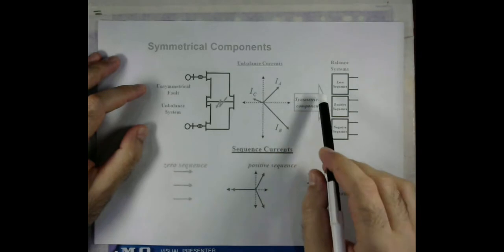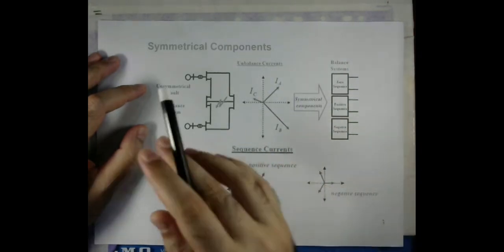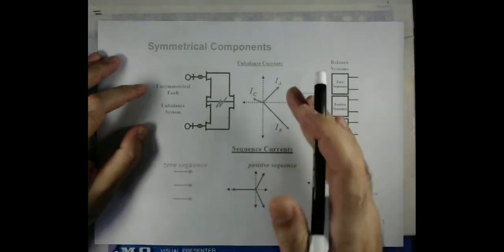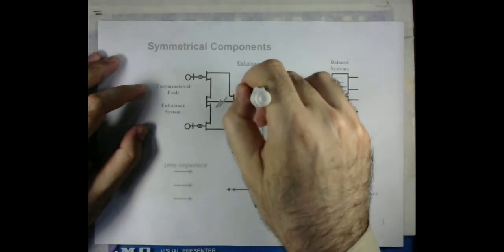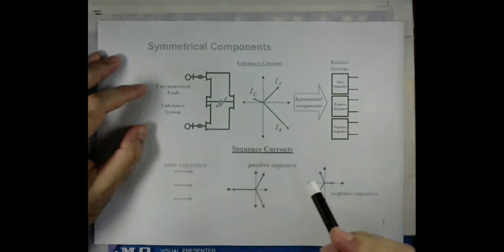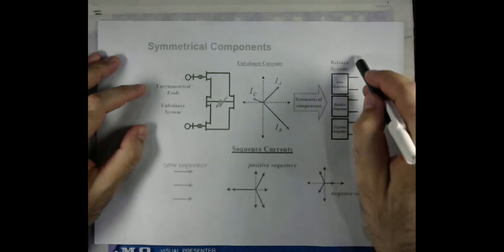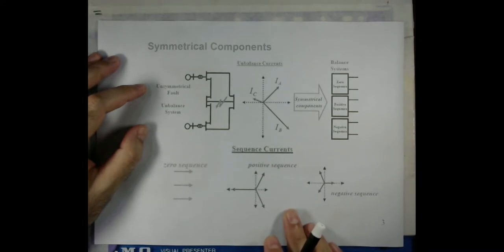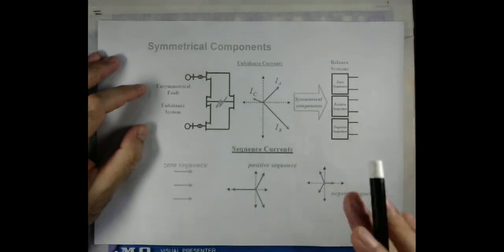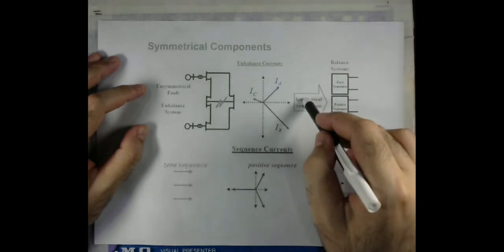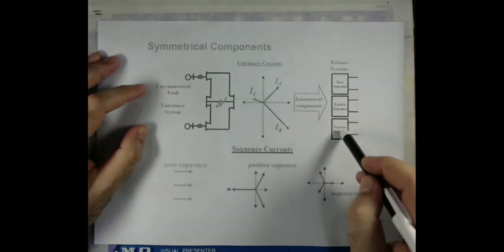So what we do afterwards is decompose these quantities using the symmetrical transformation, which we will learn later on. Using the transformation, these three phase quantities having different magnitudes are converted into balanced systems, and those systems that we get after the transformation are known as zero sequence, positive sequence, and negative sequence.